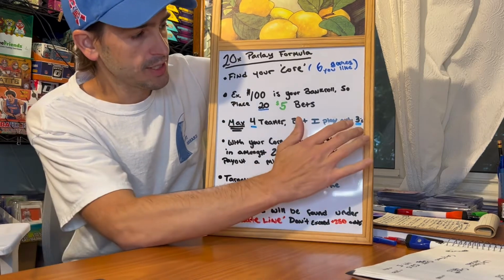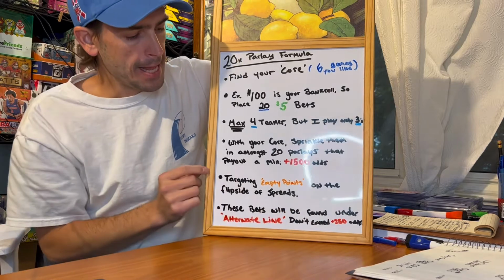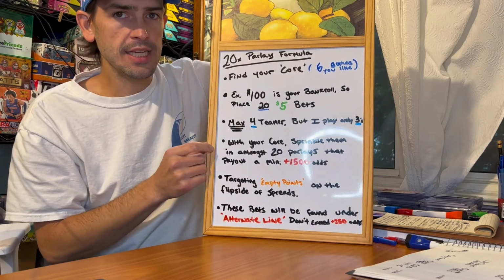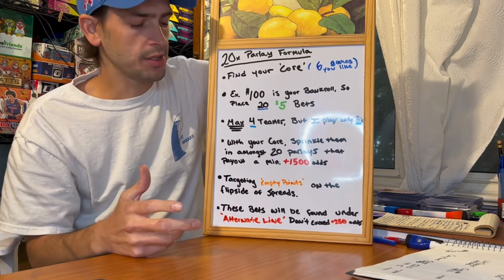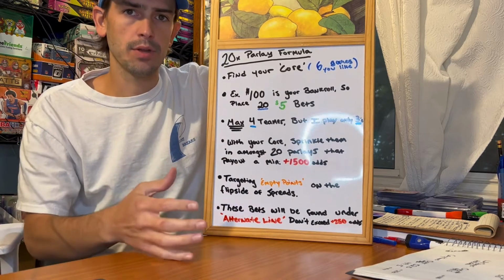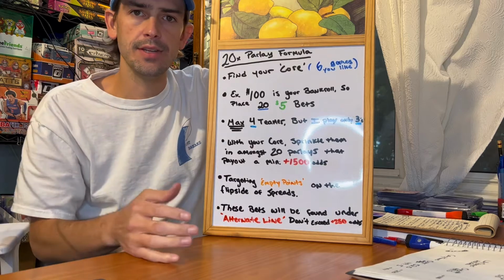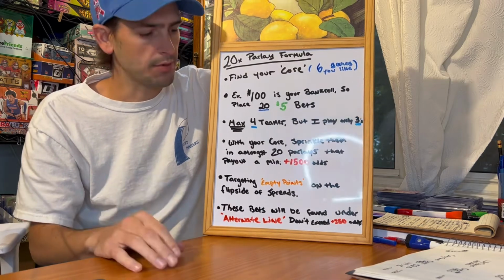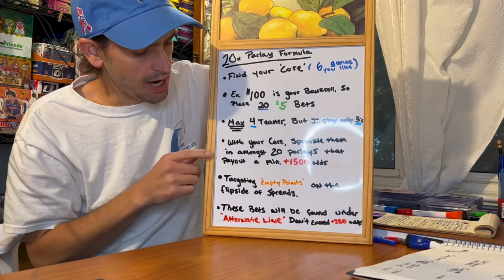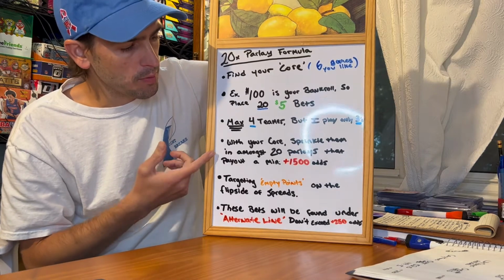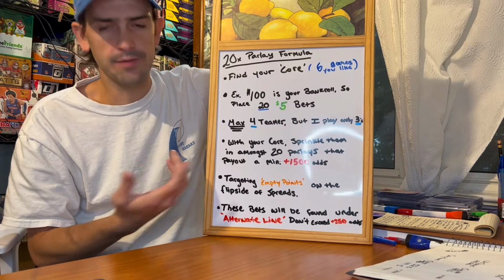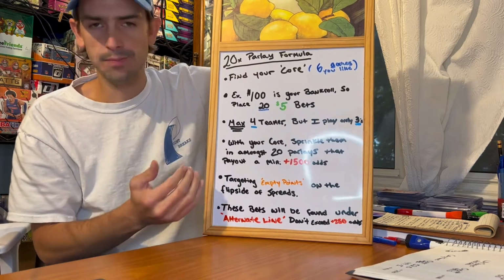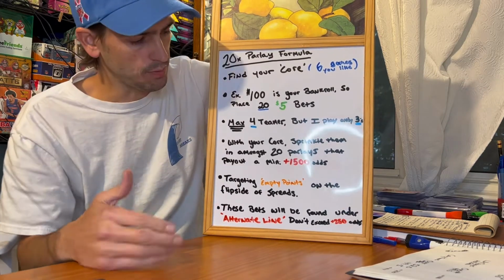But I stick to the 3-team parlays. Now, all the teams you pick, the odds are going to be juiced. They're going to be plus 150 to plus 200, around that area. I set a minimum around 1,500 is what the payout is. And for anyone who doesn't know, the 1,500 basically means 15 times whatever you put down.